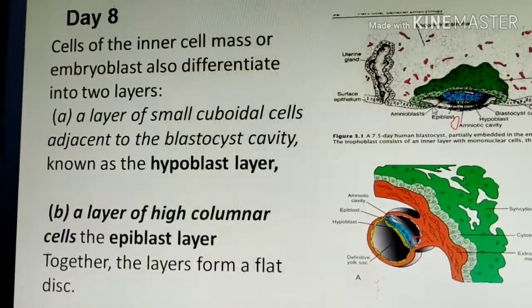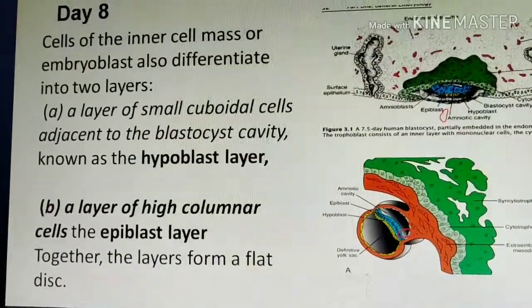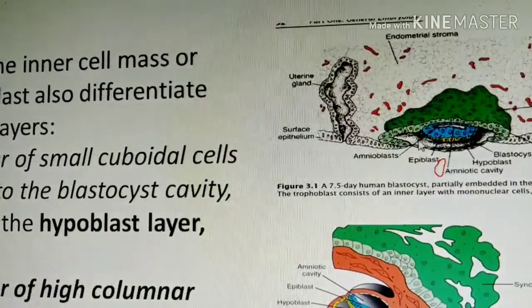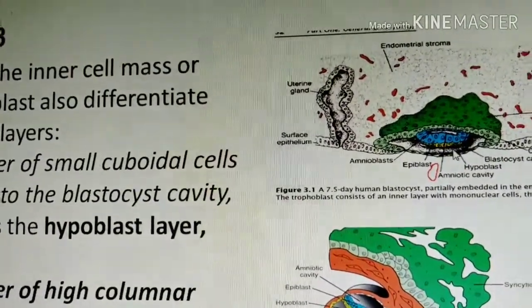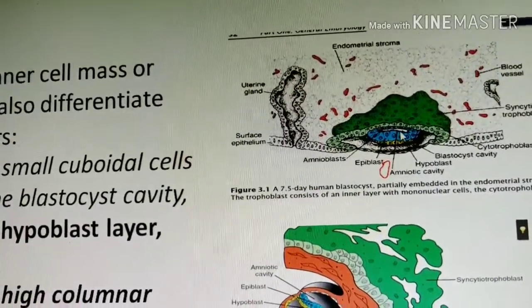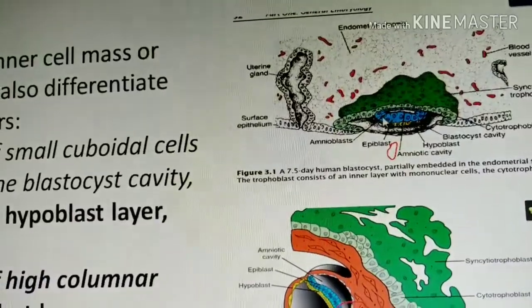So the embryoblast also differentiates into two layers. One is the small cuboidal cells close to the blastocele, the hypoblast, and the other is the long columnar cells, the epiblast.